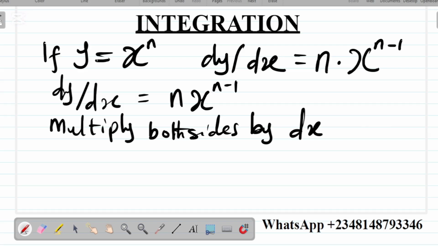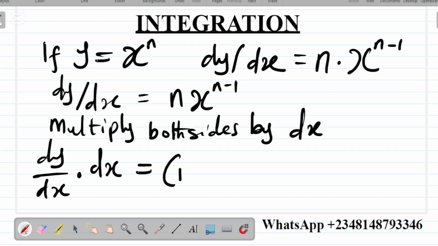So if you multiply both sides by dx, we have dy all over dx multiplied by dx equals nx raised to power n minus 1 multiplied by dx.